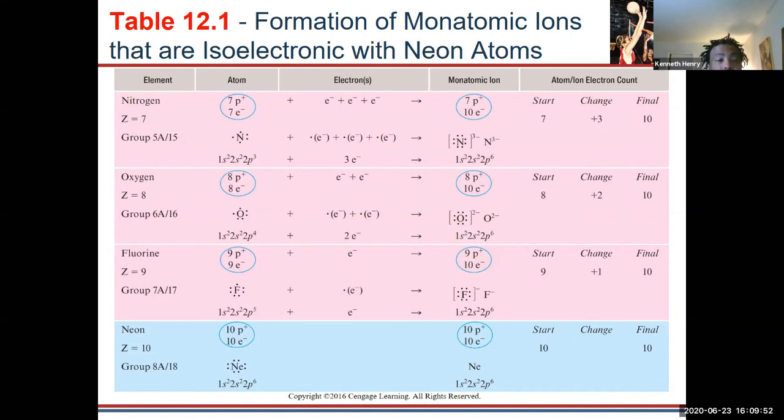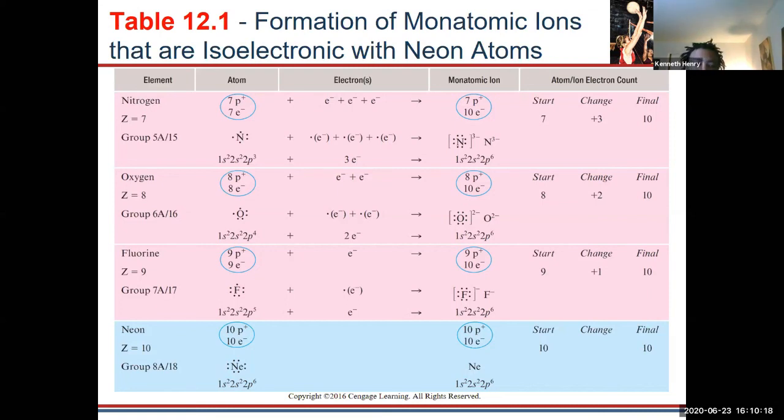What about oxygen? To gain 2. Gain 2? Yeah. So did everybody understand why oxygen wants to gain 2? Because it wants to be like the noble gases. That's right. And it is only 2 away.